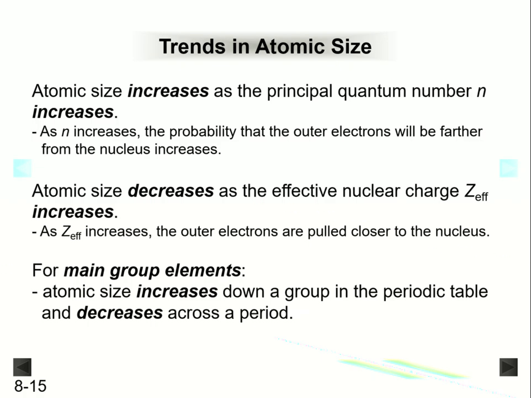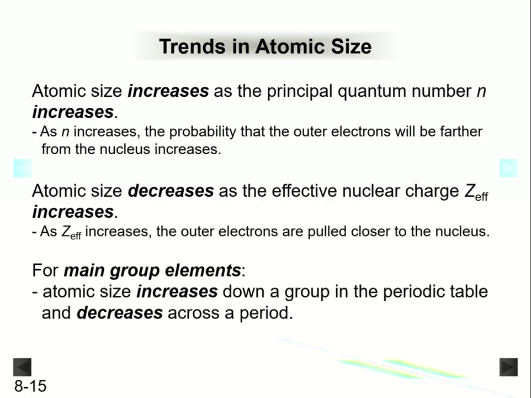It takes up more space, it occupies more space in solids, and its bond lengths in compounds are larger. So as we go from row 3 to row 4 to row 5, as we go down the periodic table, the atoms get bigger.